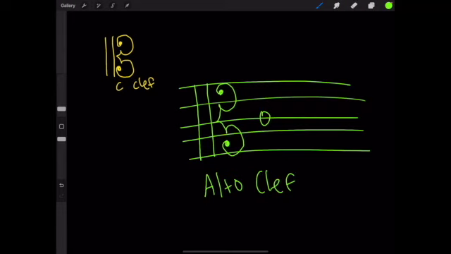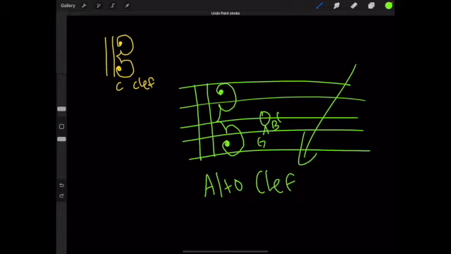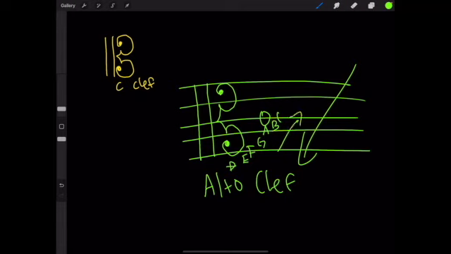This is still a C. Let's fill it out descending first. So C, before C comes B. Then we've got A. Then we've got G. A. Then we've got F. Then we've got E. Then we've got D on the ledger line. Now ascending. After C comes D, then E, then F, then G, then A. Ledger line would be B, right?